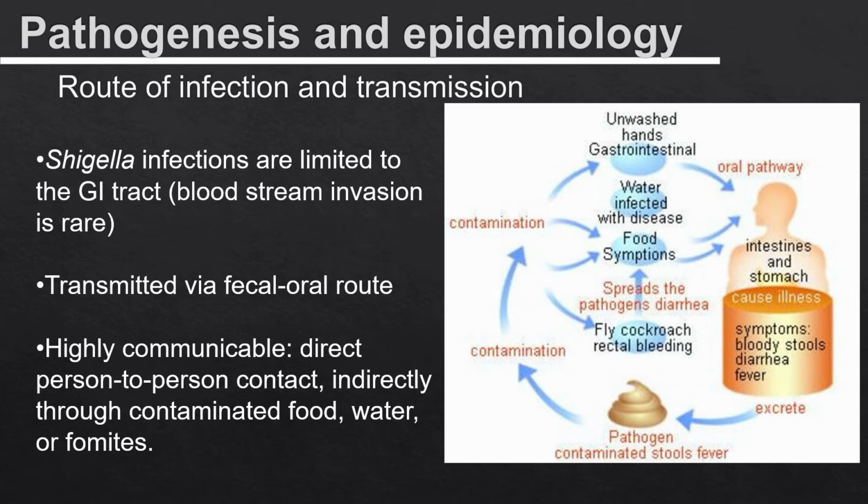Shigella are highly communicable and can be transmitted via the fecal-oral route. The transmission of Shigella can involve direct person-to-person or sexual contact, or indirectly through contaminated food, water, or fomites, and even on surfaces that have been touched by infected people.